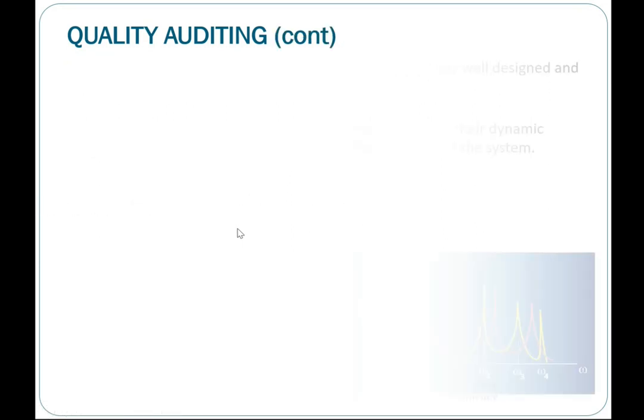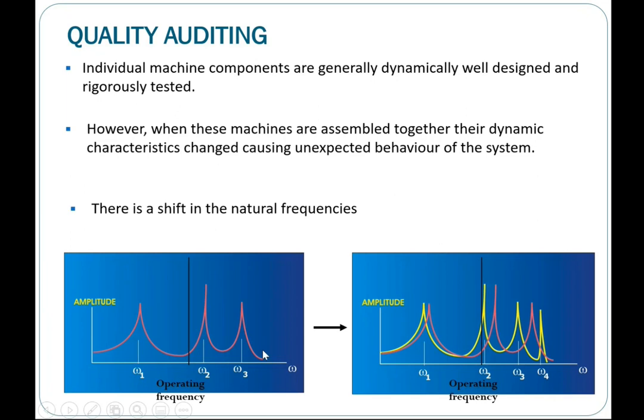So if you look at an individual machine, when it is designed for 50 hertz, you will ensure that the natural frequency is well away from this 50 hertz. So no resonance issues.